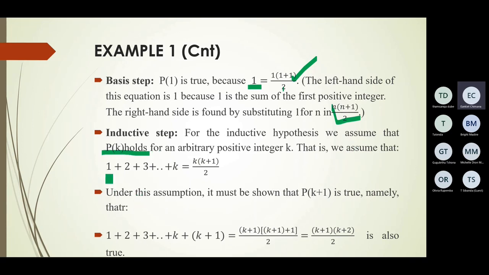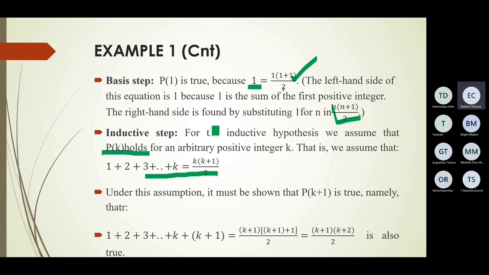That is, we assume that the summation of 1 plus 2 plus 3 up to k is equal to k times (k plus 1) over 2. Under this assumption, it must be shown that P of k plus 1 is true. Namely, if P of k is true, then P of k plus 1 must also be true.